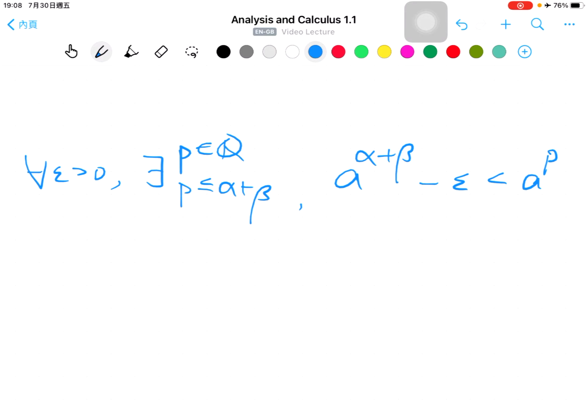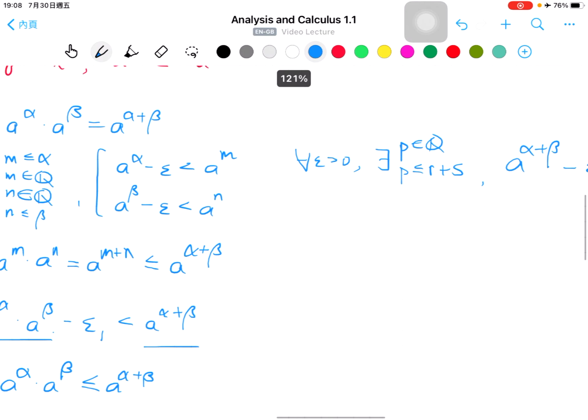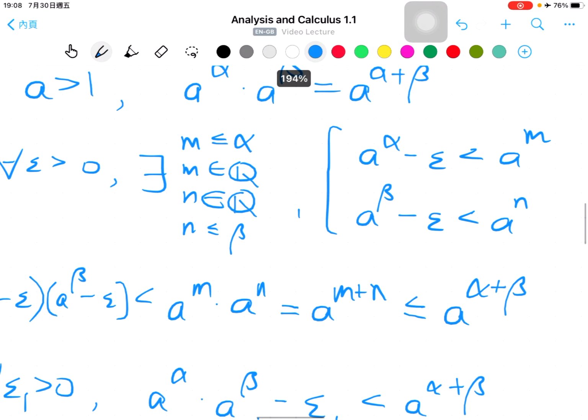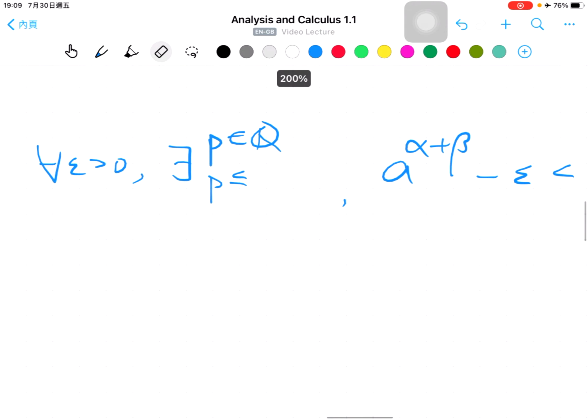Now I can also make this p smaller than or equal to r plus s, right? Excuse me, not r and s, I kind of confused it. m plus n.